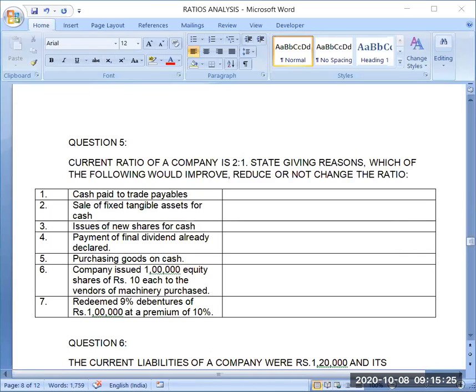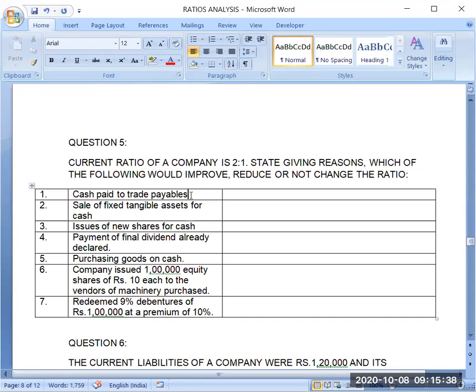For that purpose, the first thing you should note is that you should take some example, and you should assume some amount for this transaction also if it is not given, and then try to calculate the current ratio. With the help of that, you will be able to decide whether the ratio is improving or decreasing or not changing.